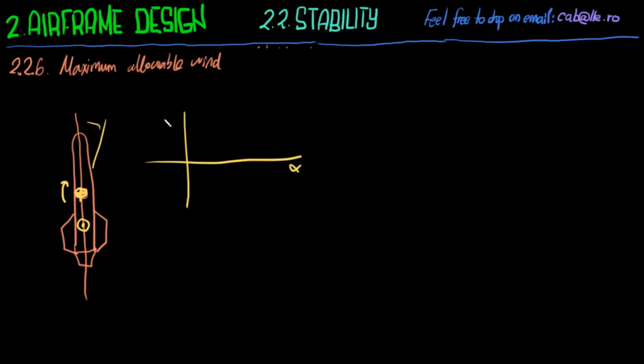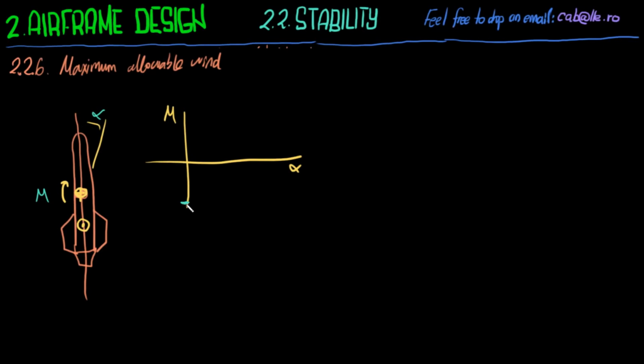if this is alpha and this is the corrective moment, at alpha equals 0 or at around alpha equals 0, we'll have a certain moment m, which is negative, by the way, because it's trying to decrease the angle of attack.